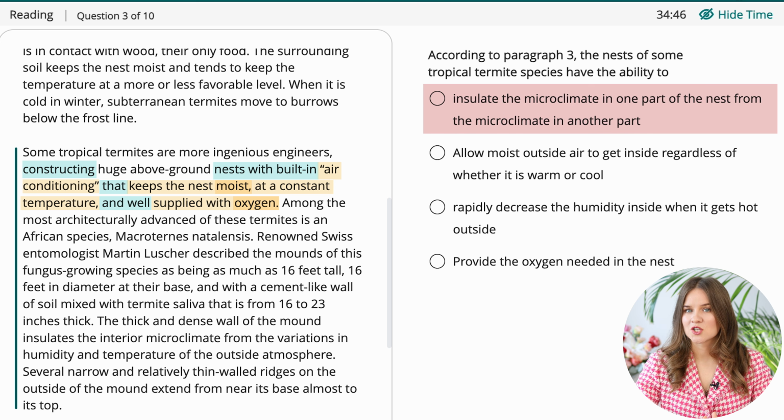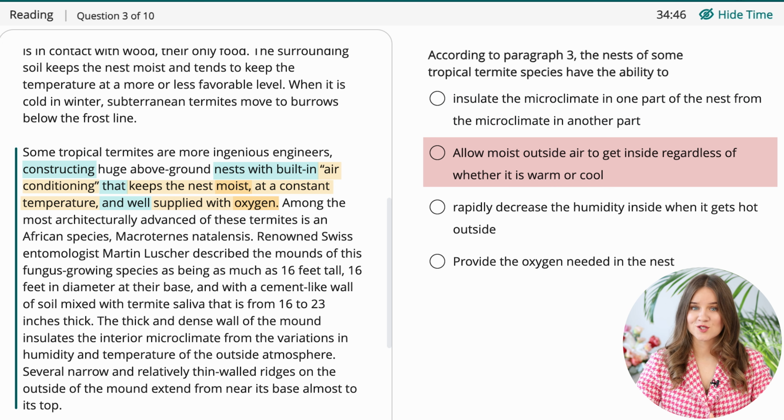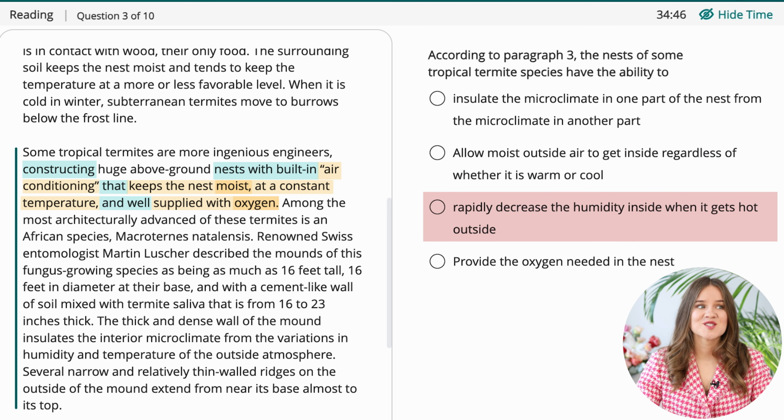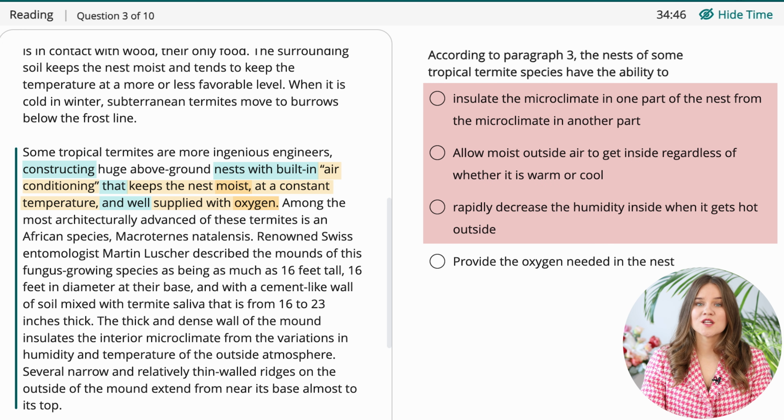This sentence doesn't mention insulating the microclimate in one part of the nest from another. It also doesn't say anything about allowing moist outside air to enter, regardless of whether it's warm or cool. And there is no information about rapidly decreasing the humidity inside when it gets hot outside. So choices 1, 2, and 3 are incorrect.